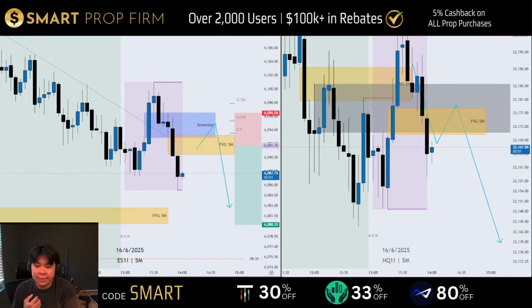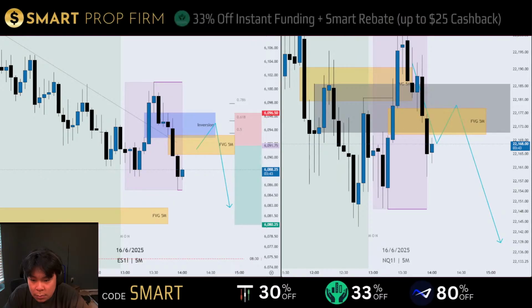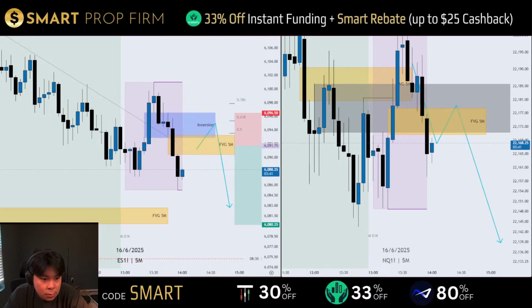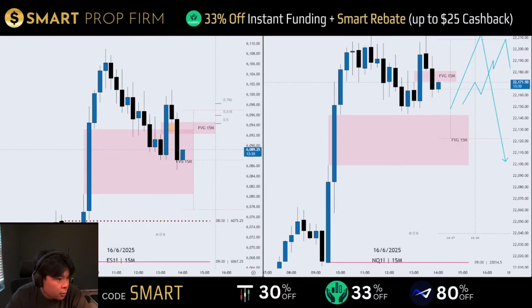Gonna look for the short guys. We close flipping this 50-minute gap too, by the way.